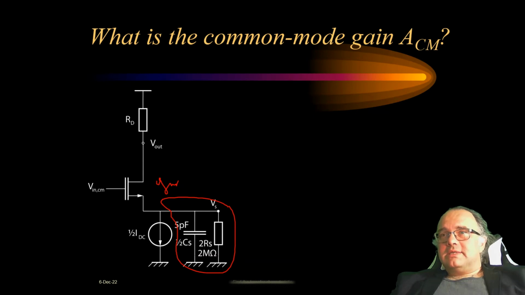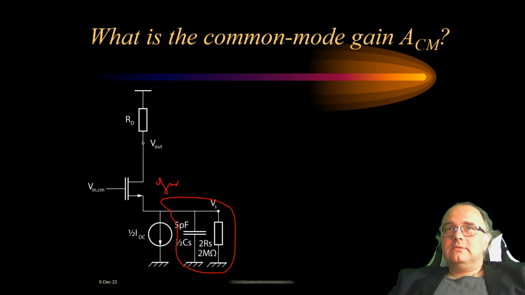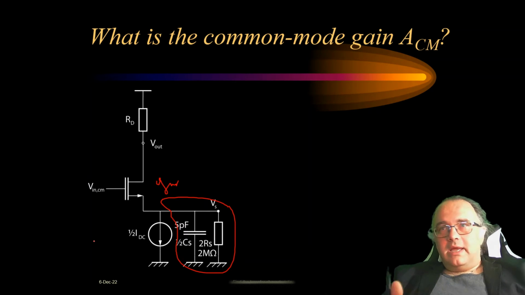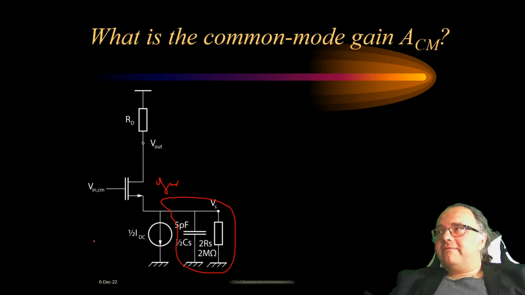So let's analyze this. To analyze this, we need to go from the large signal schematic, which is given here, to a small signal equivalent model, with which we can apply linear analysis and find an exact expression for the common mode gain and its frequency behavior.